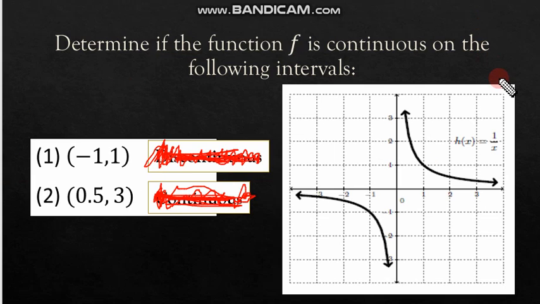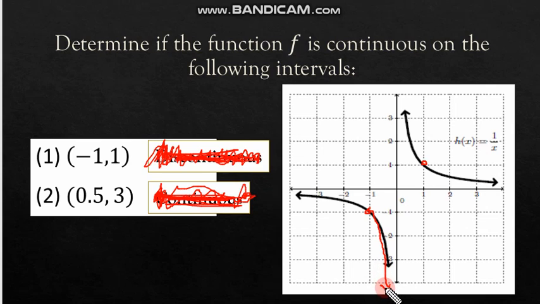Okay, another function here. We will determine if the function is continuous in the following intervals, first from -1 to 1. We will start at -1 and end at 1. As we trace from the right side of x equals -1, we would have an interruption at x equals 0, because at the left side of x equals 0, the graph is going downward indefinitely.